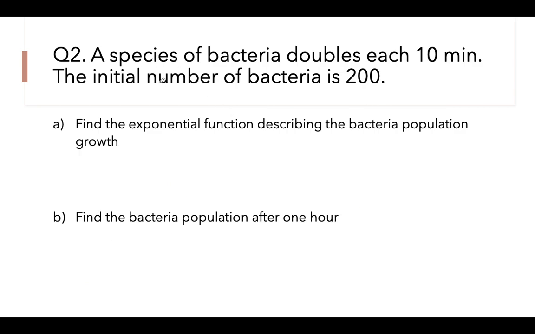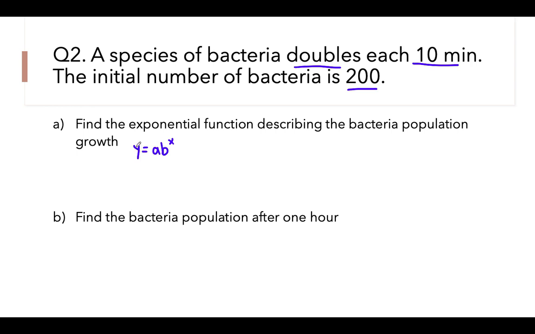Now we have a word problem. A species of bacteria doubles each 10 minutes. The initial number of bacteria is 200. Find the exponential function describing the bacteria population growth. The standard exponential growth or decay formula is y is equal to a b to the x.